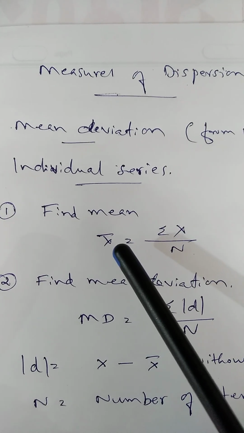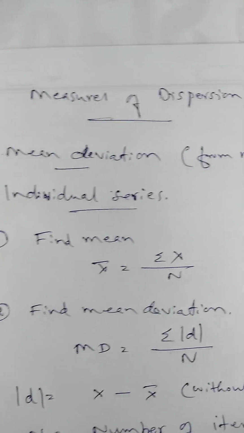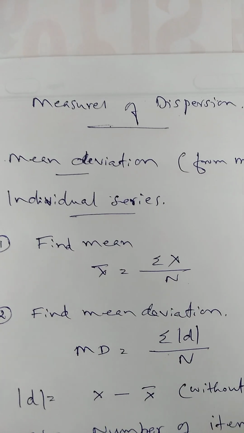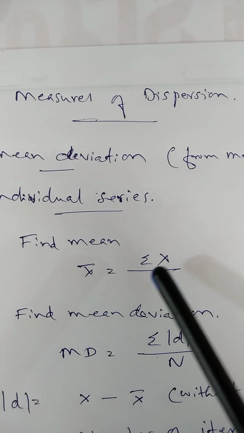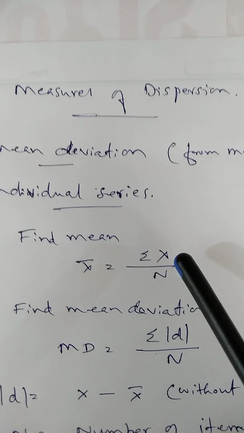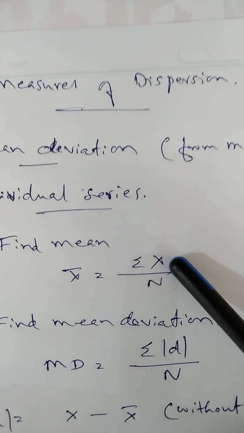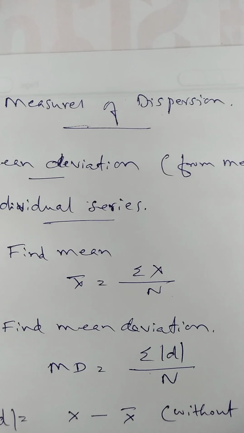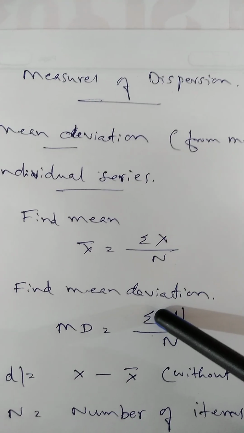We already discussed how to find mean under individual series in IGNOU MBA MS08 E1 episodes. The formula is mean is equal to sigma x divided by n. If you have any doubt regarding this, just see the IGNOU MBA MS08 E1 episode first, thereafter come to this.